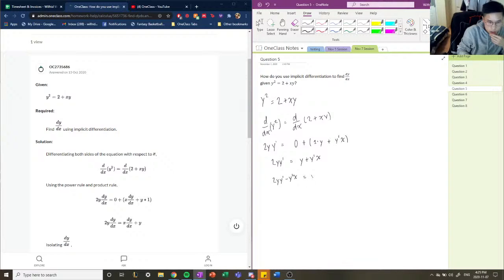We factor out y prime to have 2y minus x, and y prime equals y over 2y minus x. So you can see here that our derivative is a function of the original function and the independent variable itself. And that's different from explicit differentiation because when you find a derivative there, it is a function of only the independent variable.